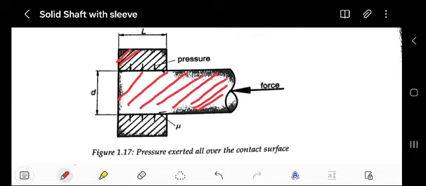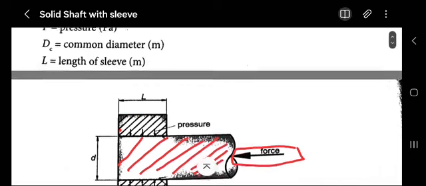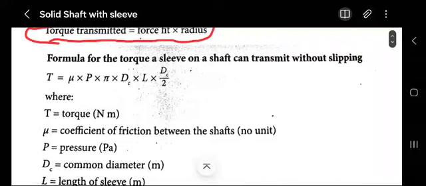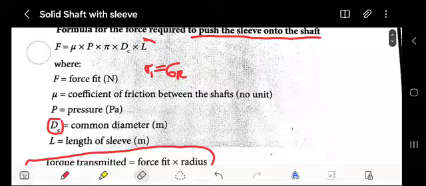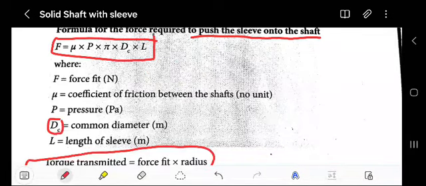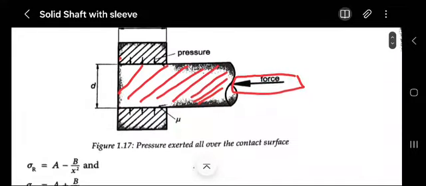The force required to push the shaft into this sleeve will be calculated by this formula, the one that we have here. That is the force.